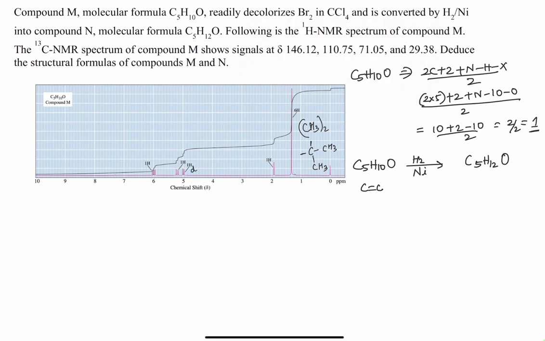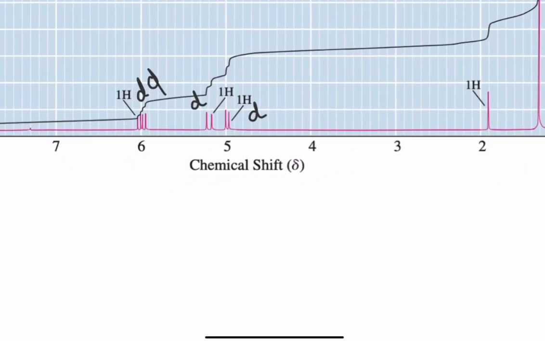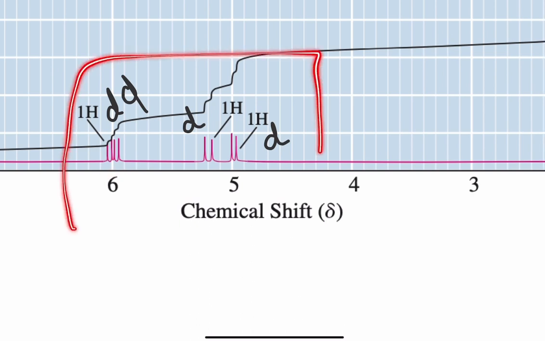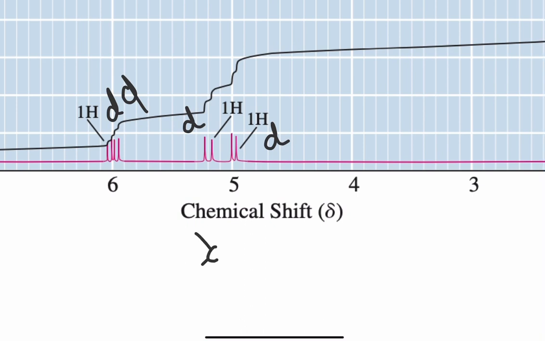So we have 2 doublets and there is a doublet of a doublet. This one right here is a doublet of a doublet. All of these should be vinyl protons because vinyl protons are the ones that are going to come in this region. And this is going to have this structure.